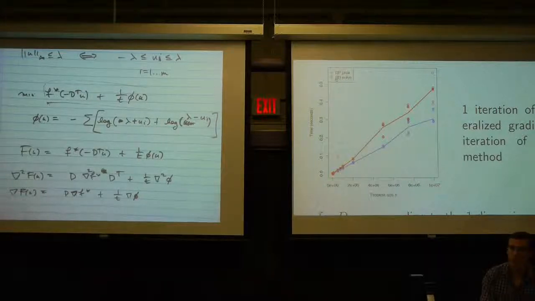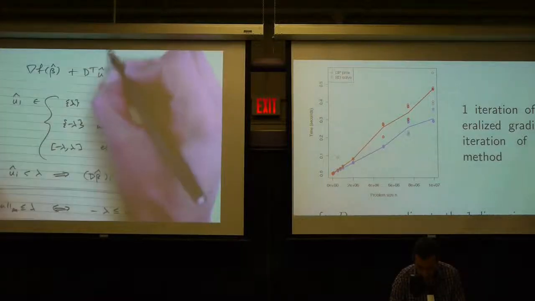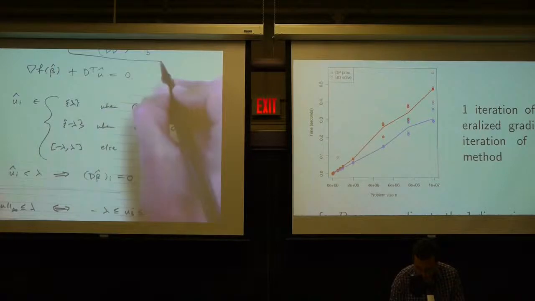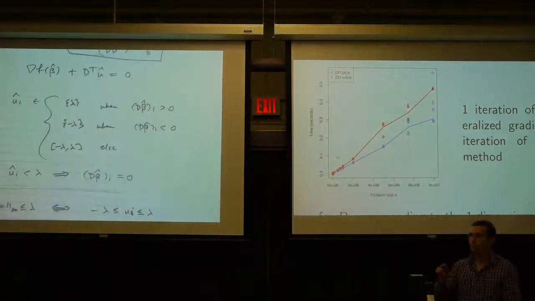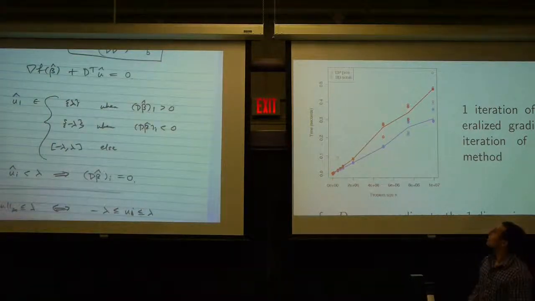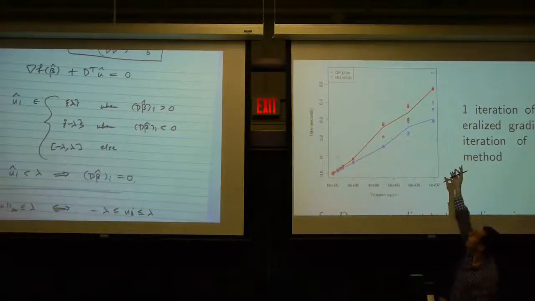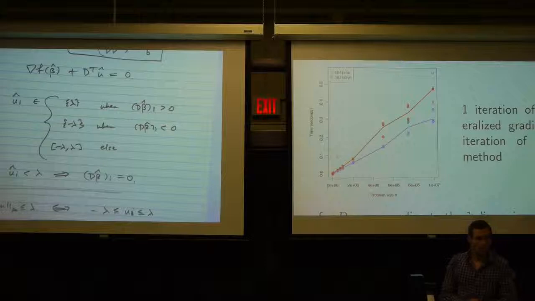So it was like doing (D D transpose) inverse times a vector b, if D was this one fused lasso matrix, as a function of the problem size. In red is the average cost of doing one banded matrix solve. And in blue is the average cost of evaluating the prox operator once.